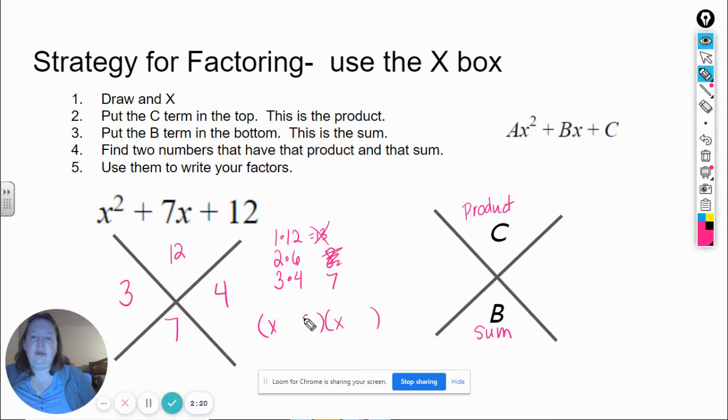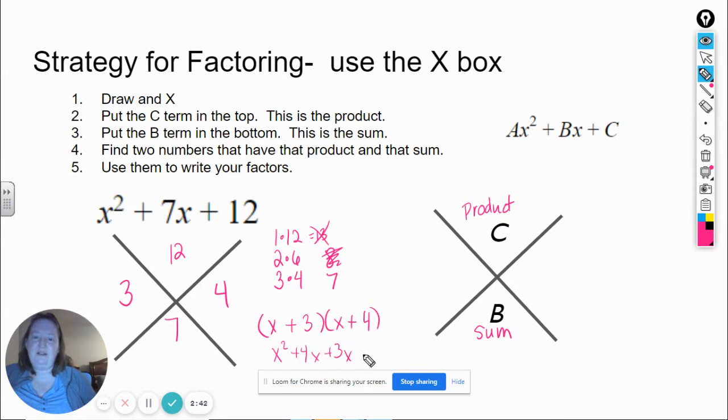Okay, and we're going to use 3 and 4, and they're both positive, so we put pluses there. And that's it. You factored it. If you're not sure, if you're like, hey, did I really do that right? You could FOIL this. X times x is x squared. Outer times outer, so plus 4x. Inner times inner, plus 3x.